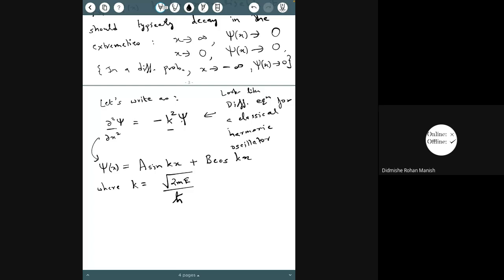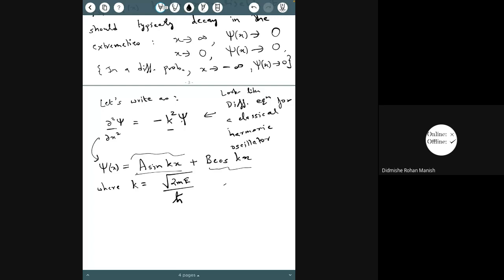If I took a function which is just sine kx and took two derivatives, I would end up with minus k square sine kx, so this first part satisfies the equation. Similarly, this second part, if you take a double derivative, will also give you minus k square psi.